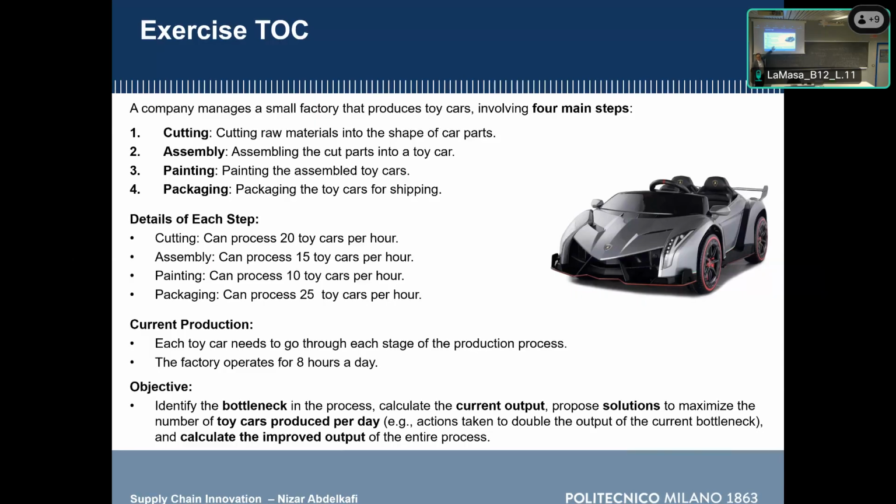So 10 multiplied with 8 will be 80. Sorry, before it was in the painting, and then we doubled the new output of painting. It was 20. Now the bottleneck changed, and the bottleneck now is the assembly, which is 15 multiplied by 8, it will be 120.